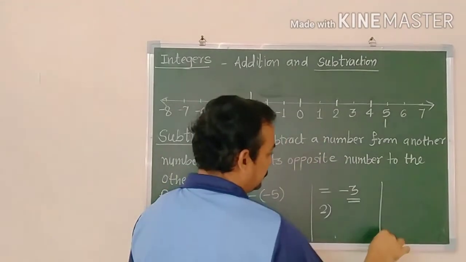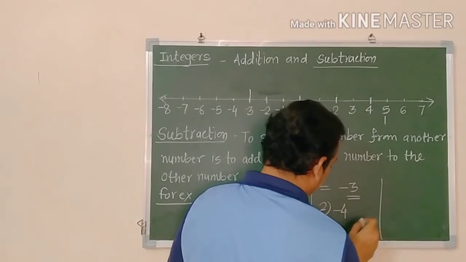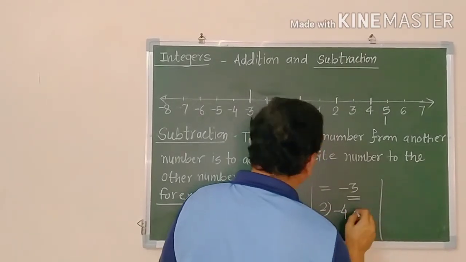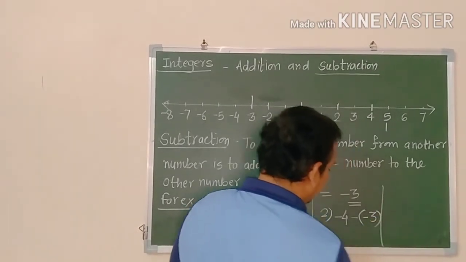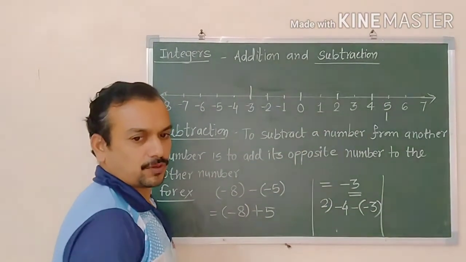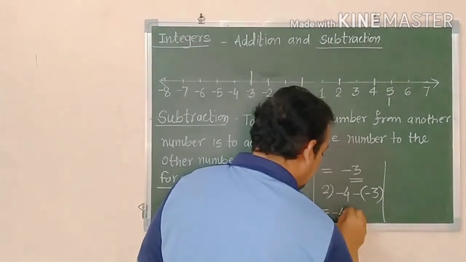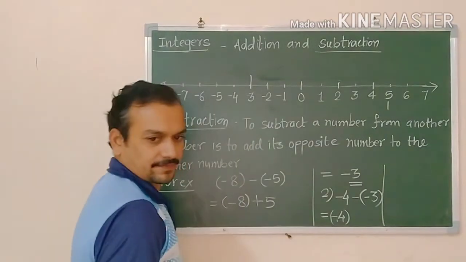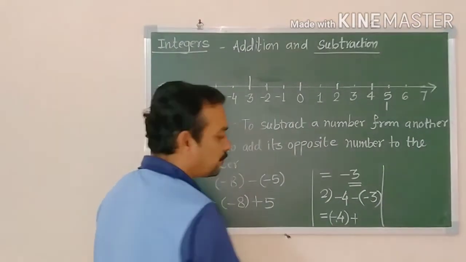Okay, look at here. Negative 4 minus negative 3. Negative 4 minus negative 3. Okay, negative 4 as it is, there is no change, plus the opposite of negative 3 is positive 3.